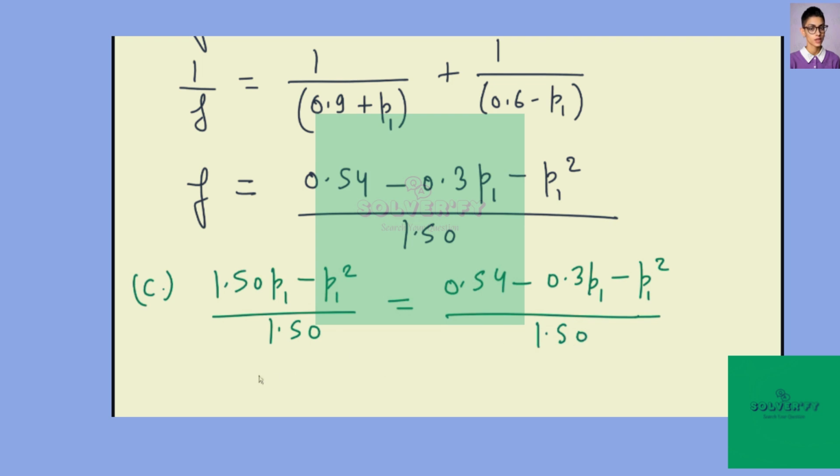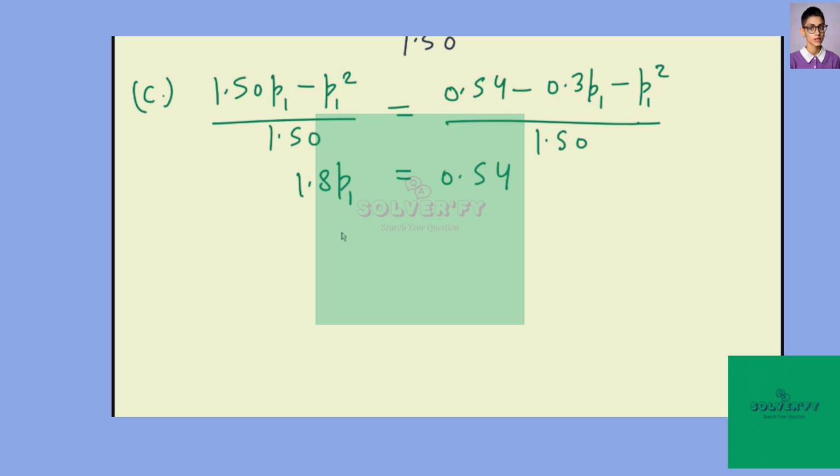So from above, we get 1.8 P1 equals 0.54. So P1 equals 0.3 meter. Now comes to part D.